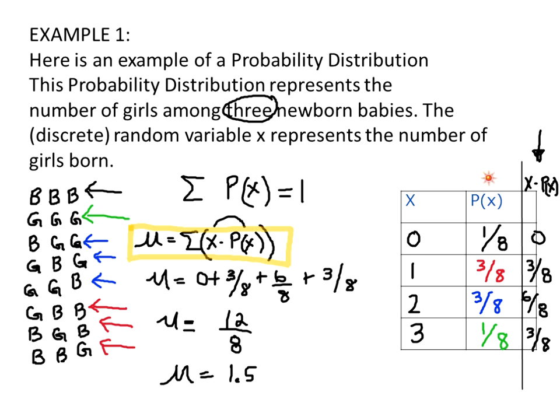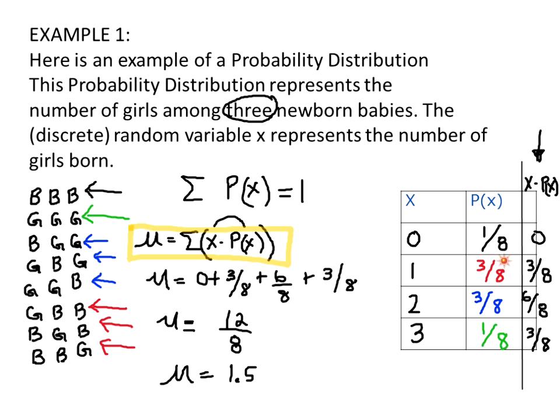I have my column for x and my column for p of x, the random variable and the probability. The formula says multiply the two, and once you're done multiplying, you add everything up. So I created a new column where I'm multiplying the two, which is why it says x times p of x. I took 0 times 1 over 8.